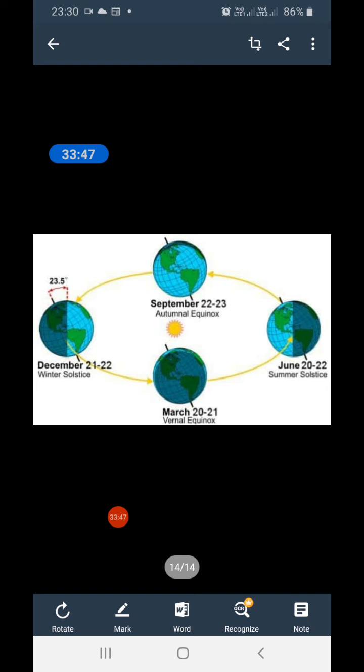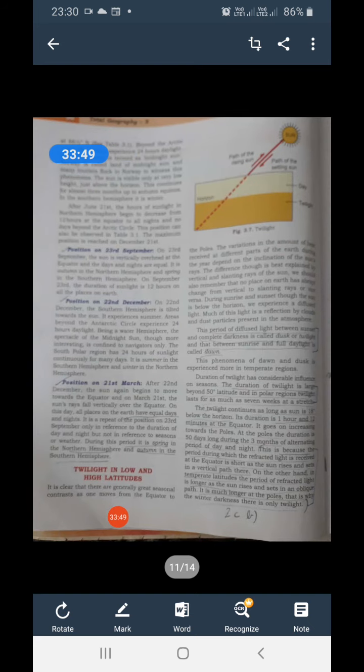And the last thing in this chapter is, children, we come to twilight in low and high latitude. So I have underlined, and you will just learn the definition of twilight and dawn. That is all you have to remember. The period of diffused light between sunset and complete darkness is called twilight.